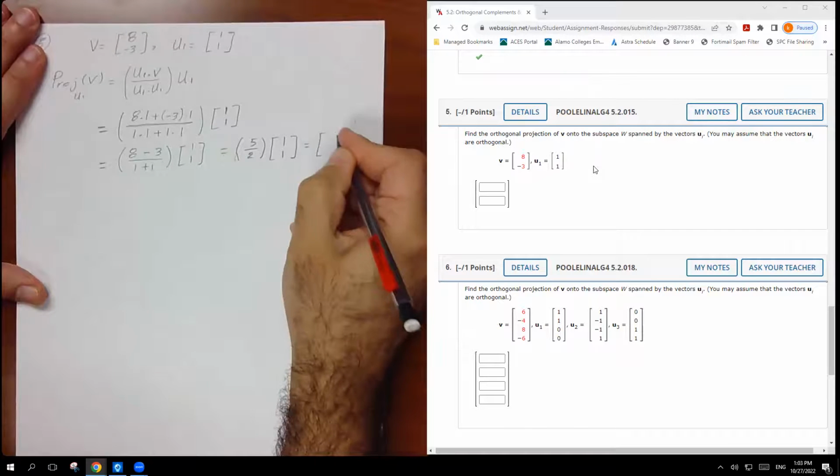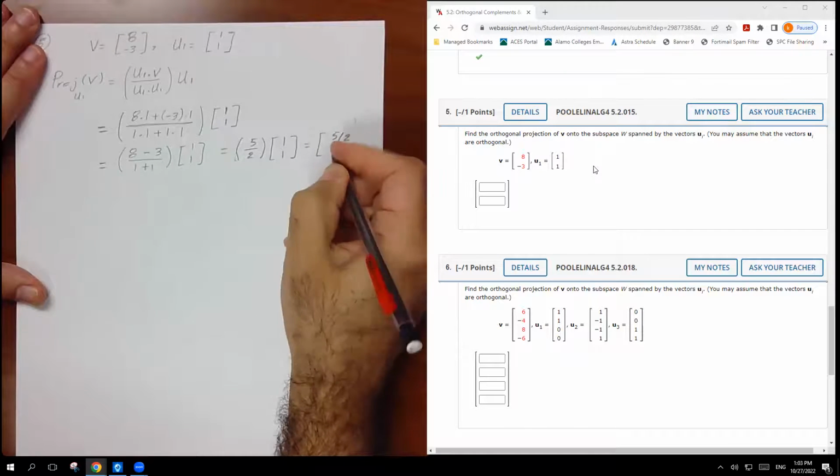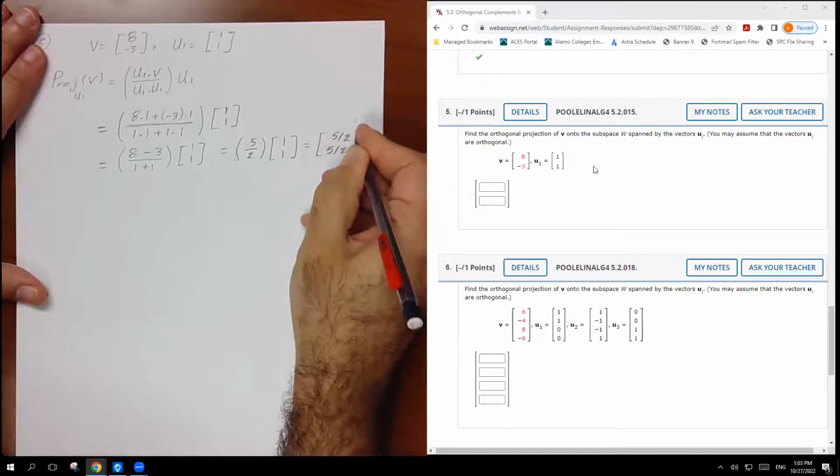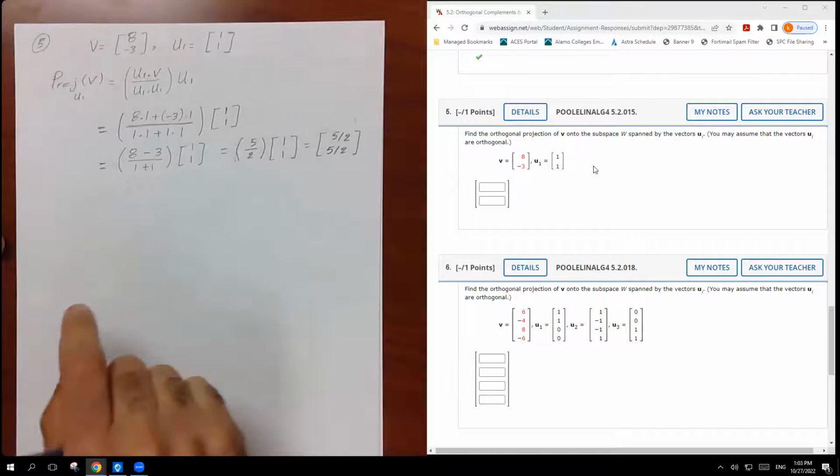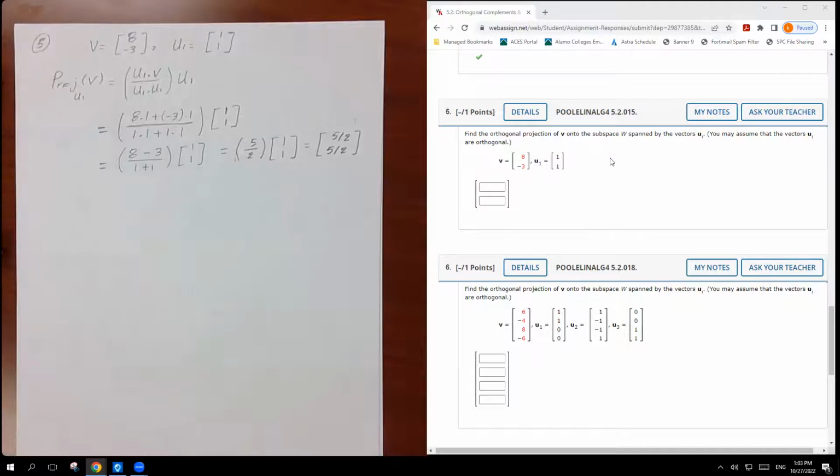So it's going to be 5 over 2 and 5 over 2. So this is the projection, and that's what I ask you to plug in. Find just the orthogonal projection. So we're just going to put 5 over 2 here, and 5 over 2 here.